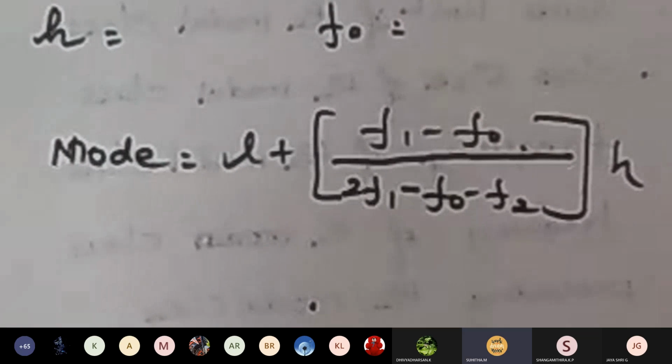So see the first problem. The following table shows the ages of patients admitted in a hospital during a year. The class intervals are given in age. Between age 5 to 15, how many patients were admitted? 6 patients. 15 to 25, 11 patients.